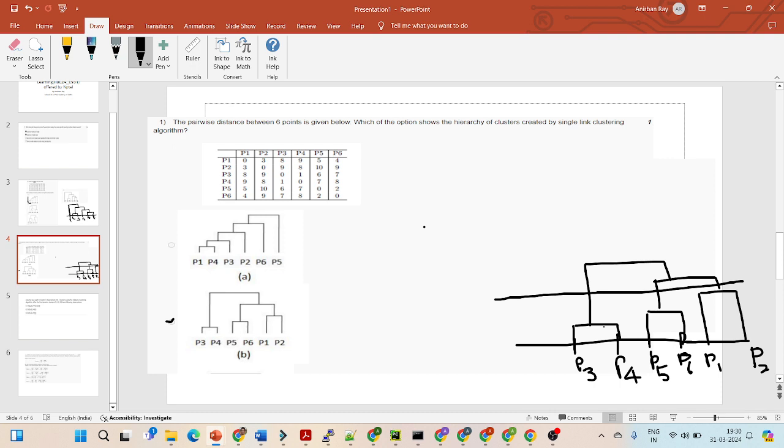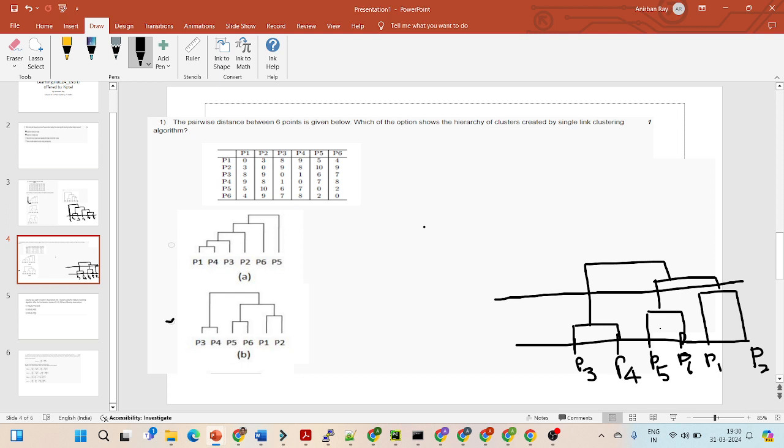But I have given you the overview: in the case of complete link, the distance is the highest. The distance between two clusters is checked by the points which have the highest distance among each other. But this type of problem you can solve the same way.